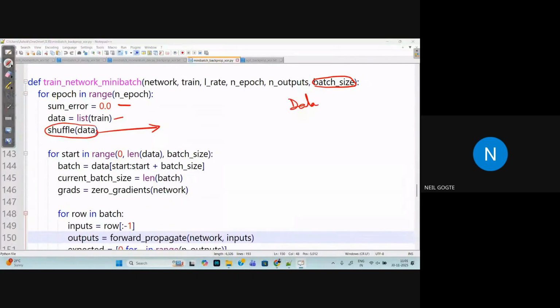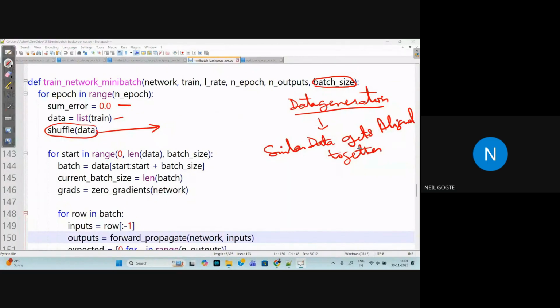That is, during data generation, there is a risk that similar data gets aligned together. That is, the similar samples get aligned because somebody may have done some sorting. We have all kinds of people who like sorting data when it comes from the data frame and all that. Actually, we don't want data to be sorted.